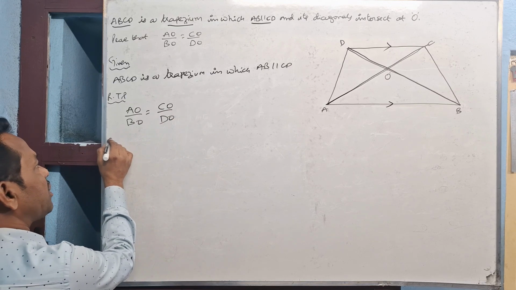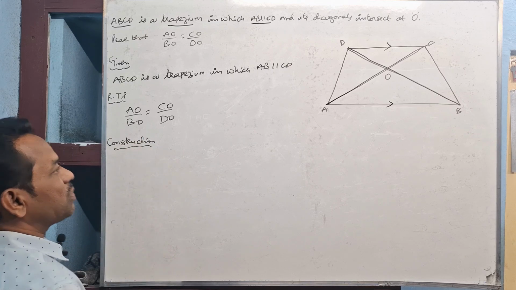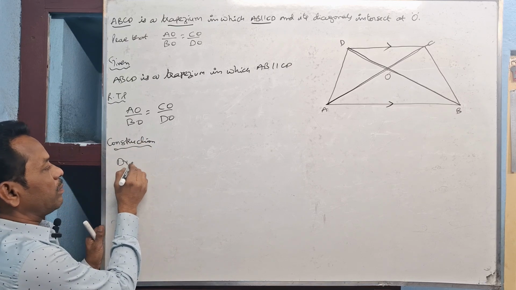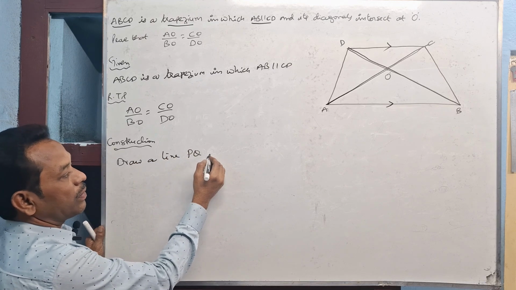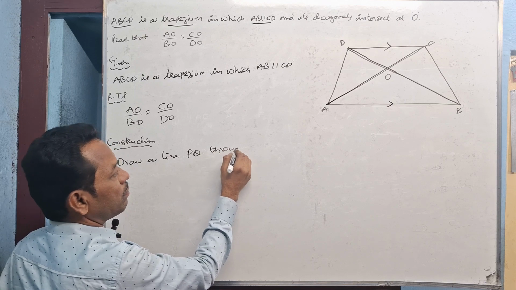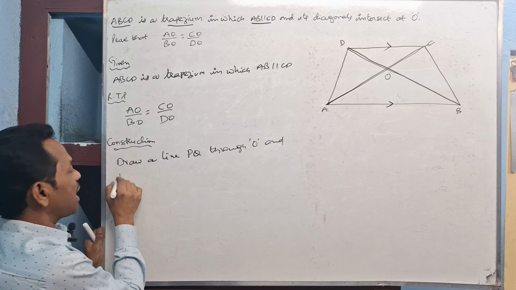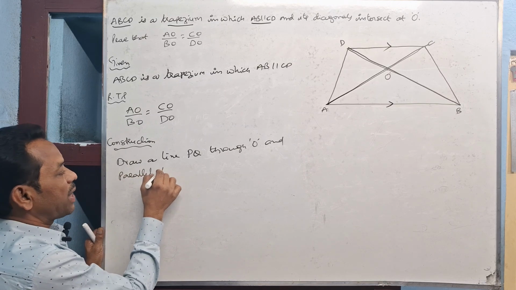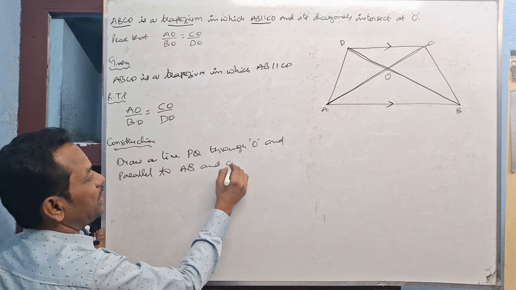Now in this question we need a small construction. Let me draw a line PQ through the point O, parallel to AB and CD.